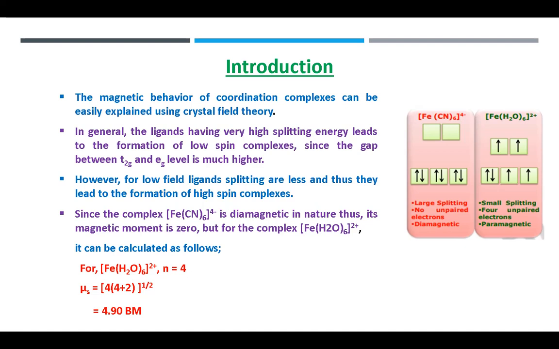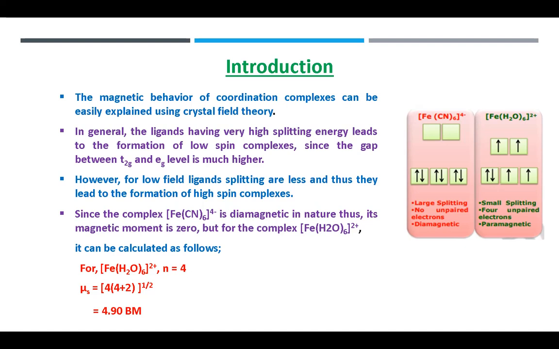This difference can be seen in this diagram. We can see that the hexacyano complex has large splitting as compared to the hexa-aqua complex. There is no unpaired electron in the hexacyano complex, as compared to the hexa-aqua complex, where we have 4 unpaired electrons.